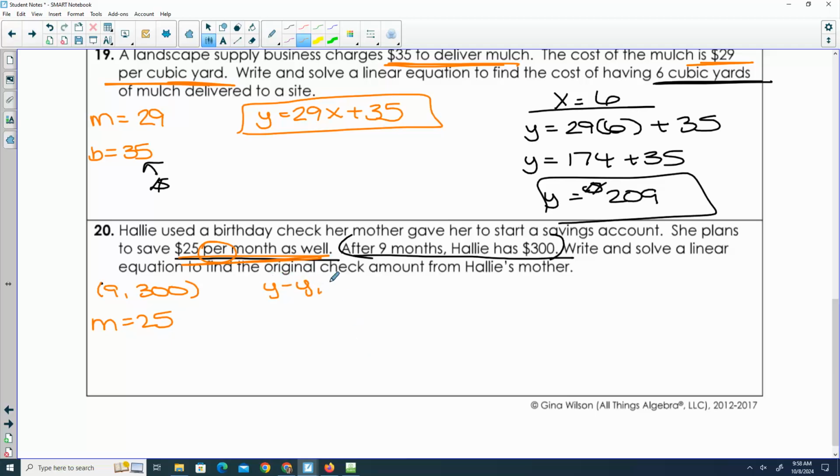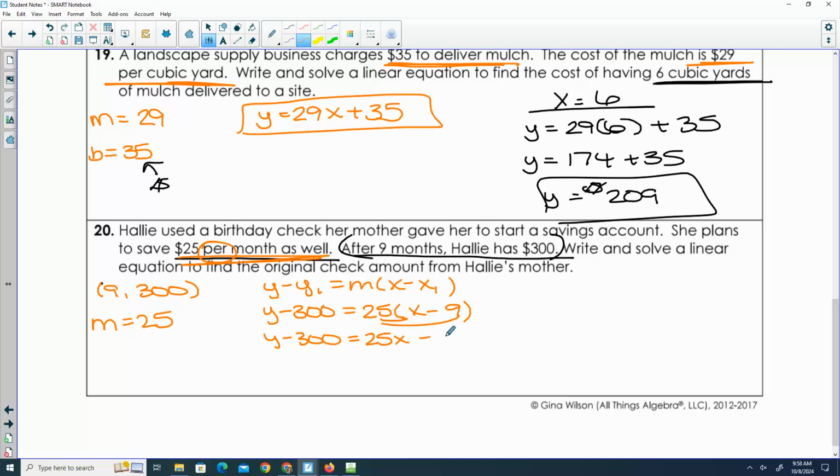Y minus y1 equals m times x minus x1. So y minus my y, which was 300, equals my slope of 25 times x minus our x value of 9. Distribute the 25.